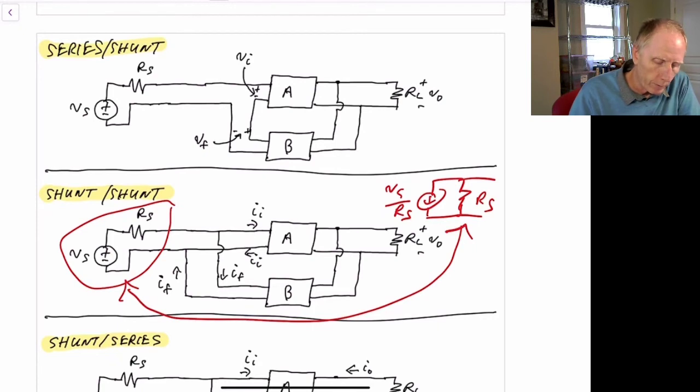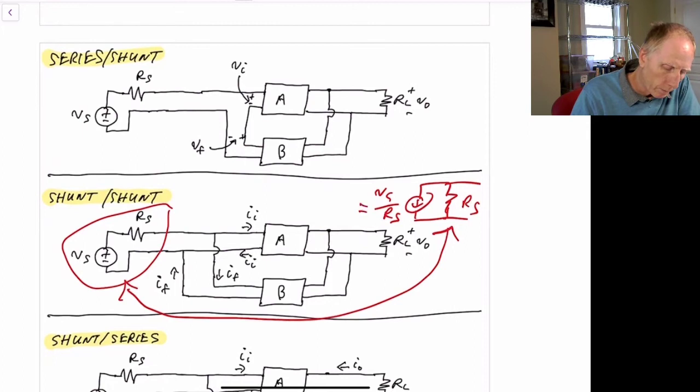And I sub S would be equal to V sub S over R sub S. So this would be equal to I sub S. And I sub S1 might be a little bit different because now you do have a parallel R sub S here.